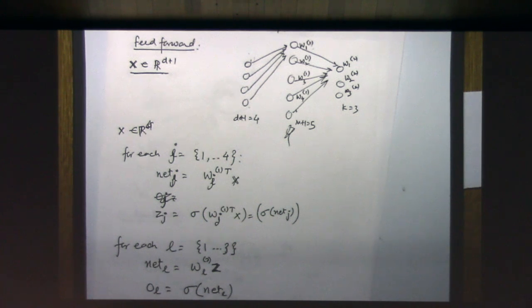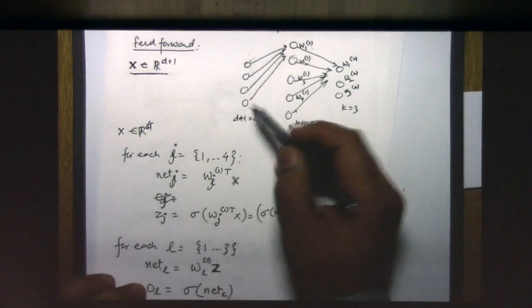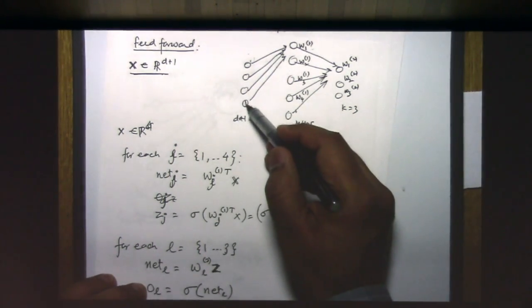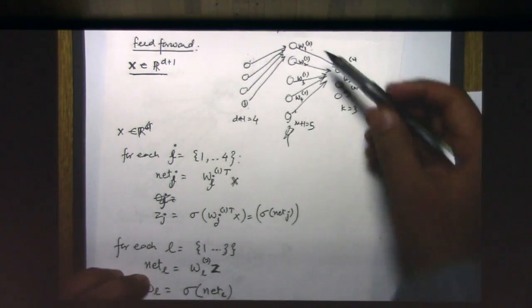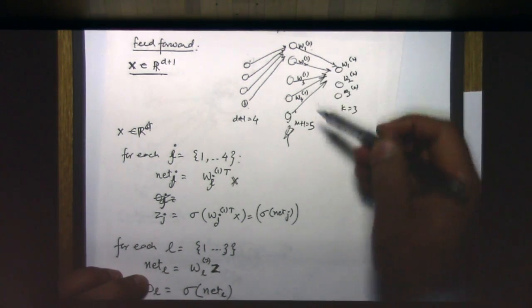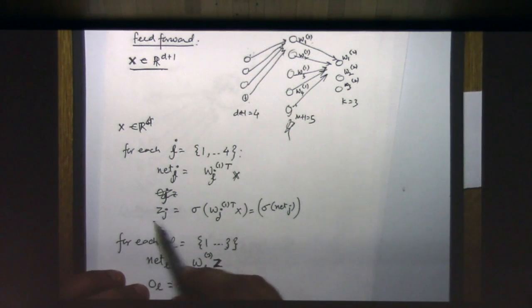Yes? What about the bias? Do you add that to the final result? So what happens with the bias is that, now it's easy to understand the bias here, right? This is just a value 1 that is going in. But at this layer, what happens is that you compute the output. So here you have computed Zj, right?